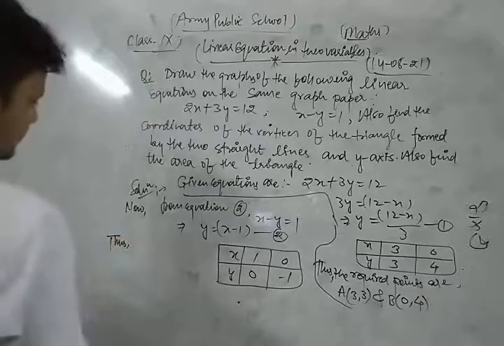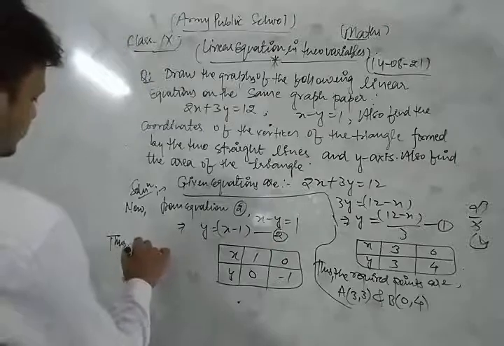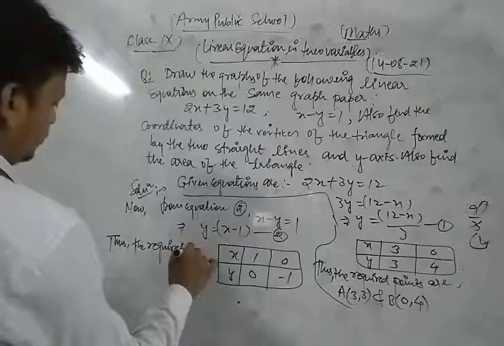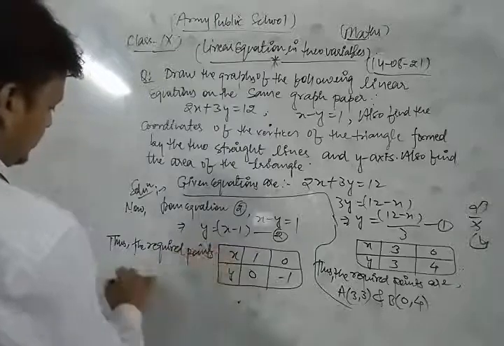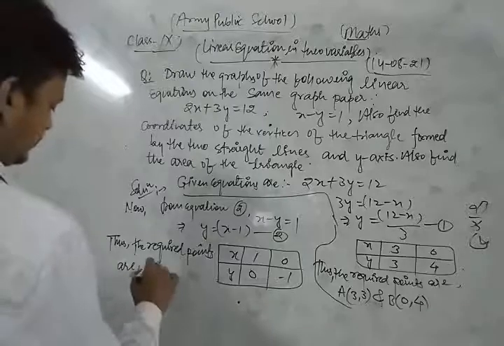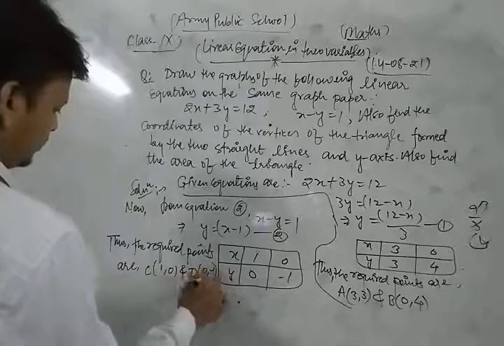Thus the required points are C (1, 0) and D (0, minus 1).